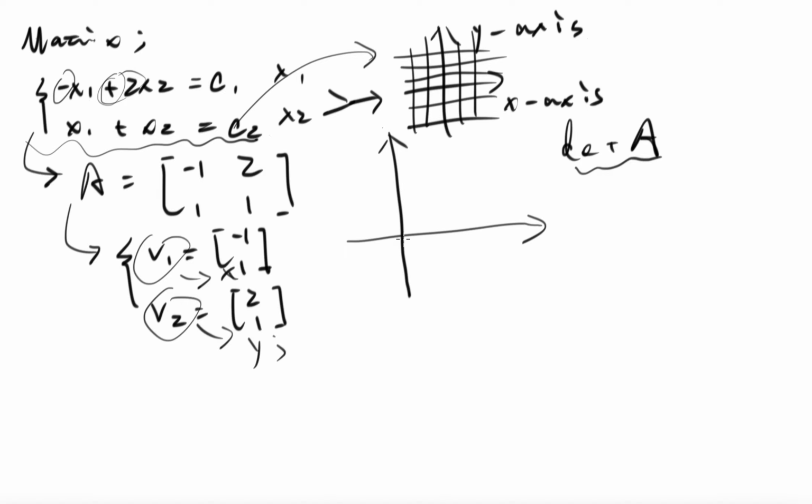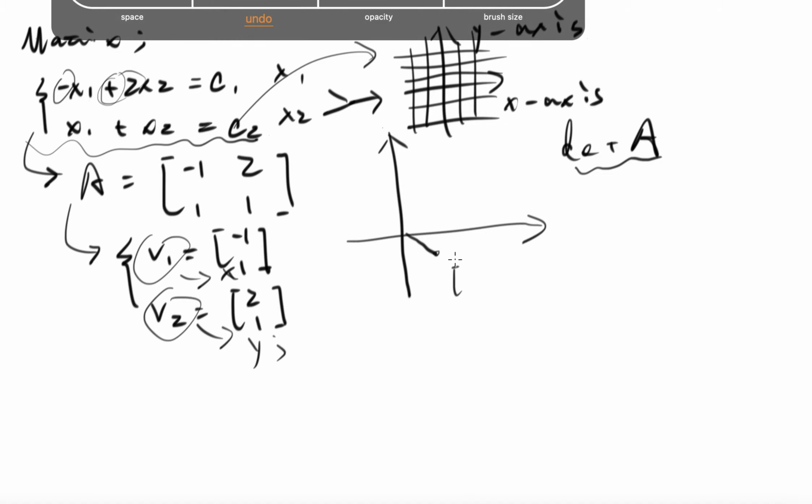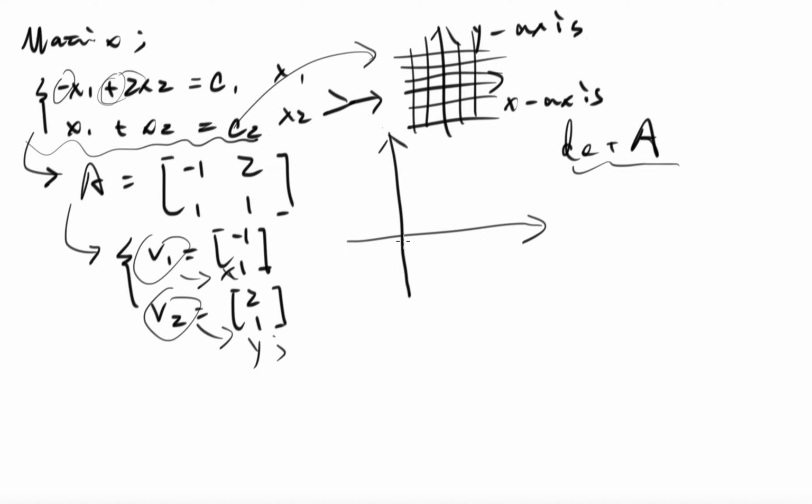So V1 is negative 1, 1. Okay, matrix A, so this is how we represent the first matrix. V1 here, and V2. How do we represent V2?